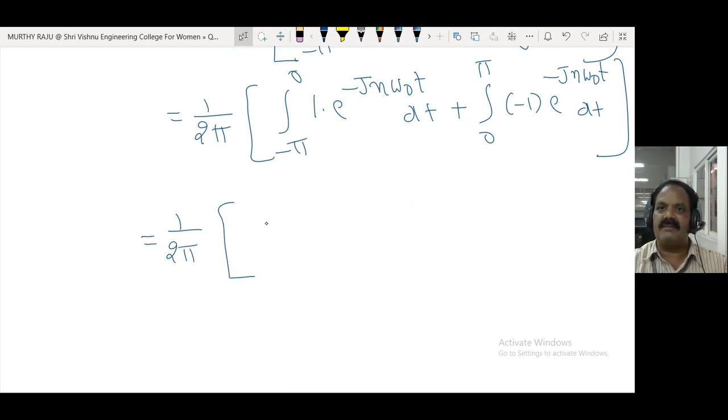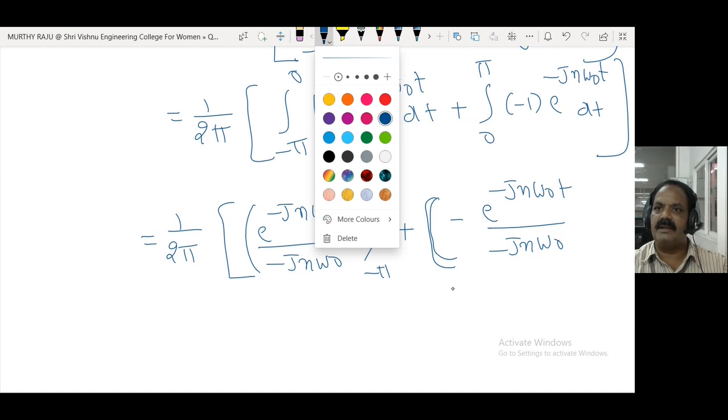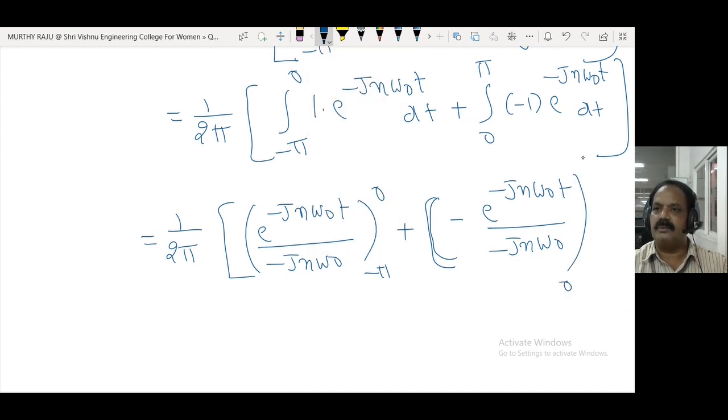The integral of e power minus j n omega naught t is e power minus j n omega naught t divided by minus j n omega naught, over minus pi to 0, plus minus e power minus j n omega naught t divided by minus j n omega naught in the interval 0 to pi.